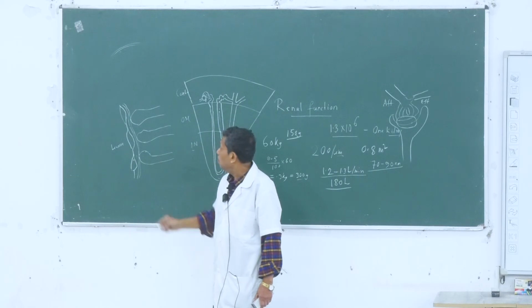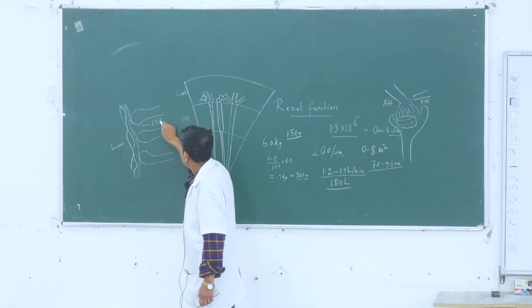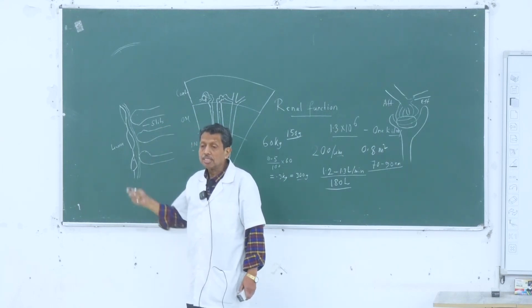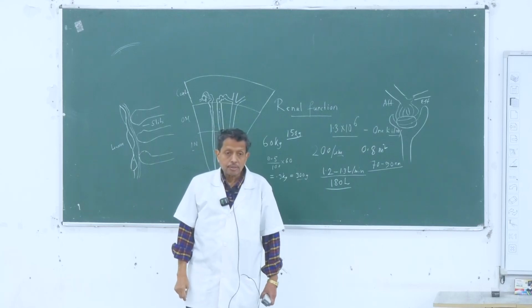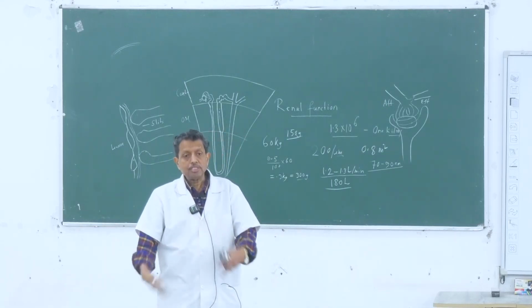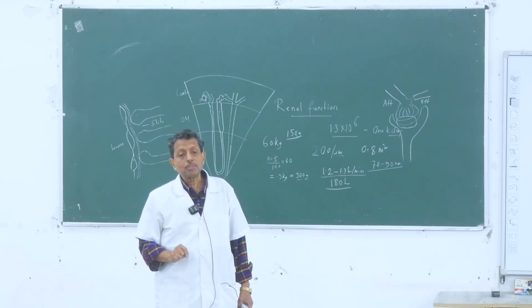Interdigitation, podocytes, and the slits. So this is the arrangement. From two epithelial cells, they form this type of structure, and in this way they regulate the entry of substances.